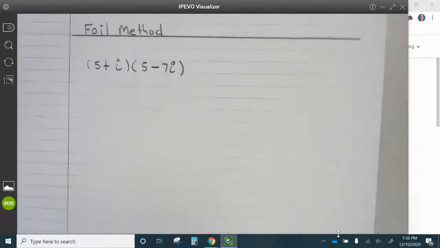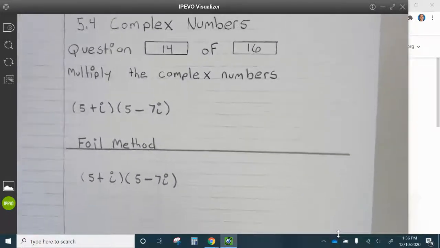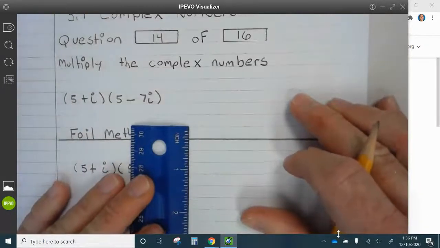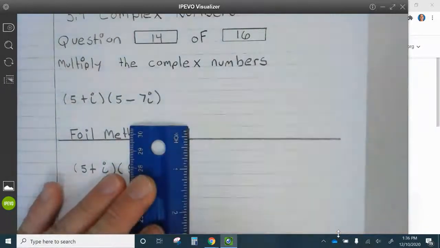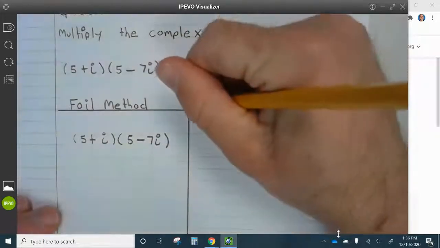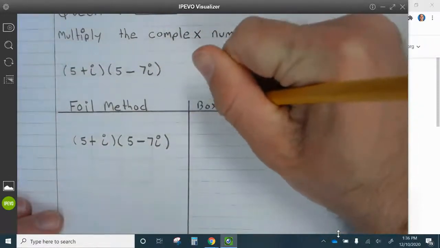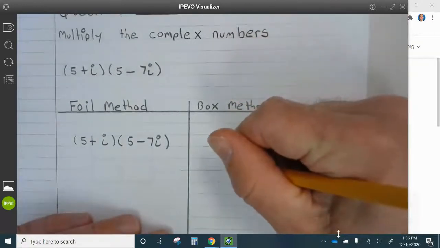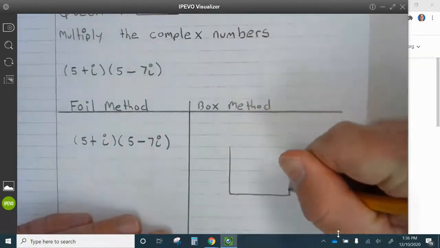All right, let's take a look at question 14 of 16. Now I'm going to first show you the FOIL method, and then I will show you the box method, and you can see which method you prefer to use to answer the question.